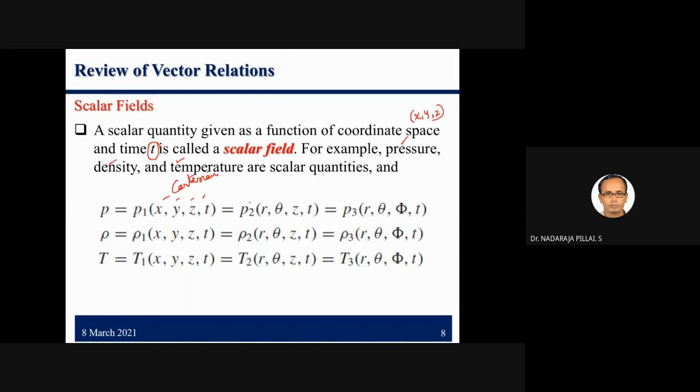Similarly, P can be represented in the cylindrical coordinate system, that is r comma theta comma z comma t. Similarly, it can be represented in the spherical coordinate system. So pressure, density, and temperature can be represented by the Cartesian, cylindrical, and spherical coordinate systems this way.